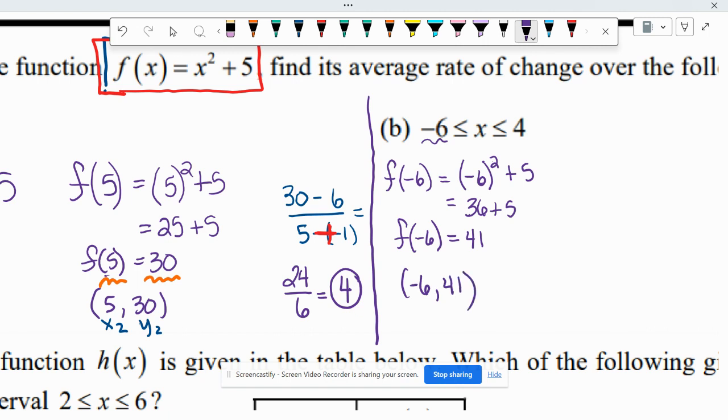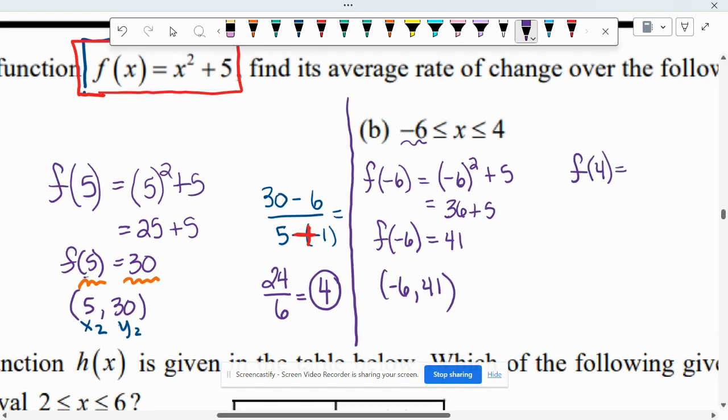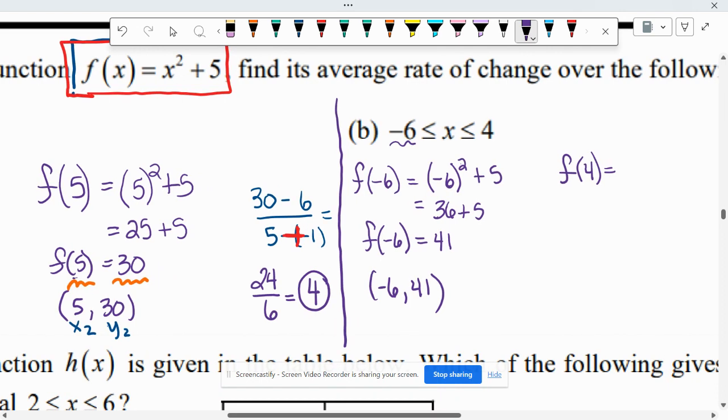Okay. So what's the other input value that I need to evaluate this function at? It's 4. Yeah. Need to evaluate it at 4. So f of 4 equals, well, I'm replacing x with a 4.